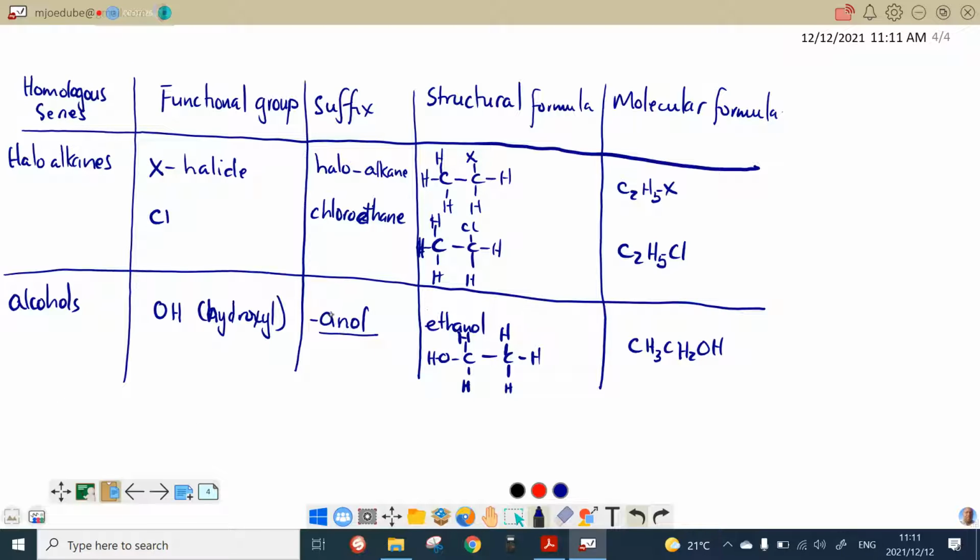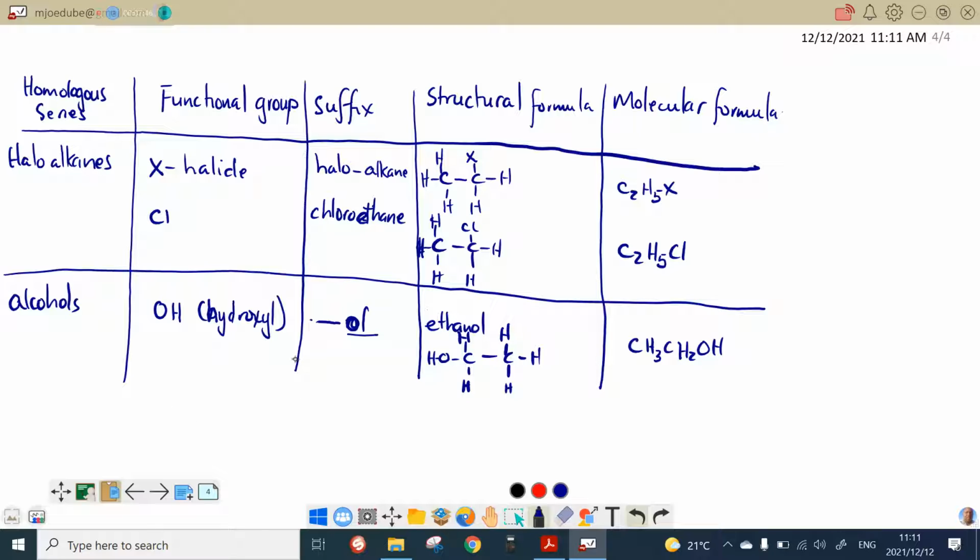Or basically, with the ol, maybe if we just put it there so that when you start putting the position, it becomes a lot clearer. So it's just going to be your ol, right? So it ends with the ol.